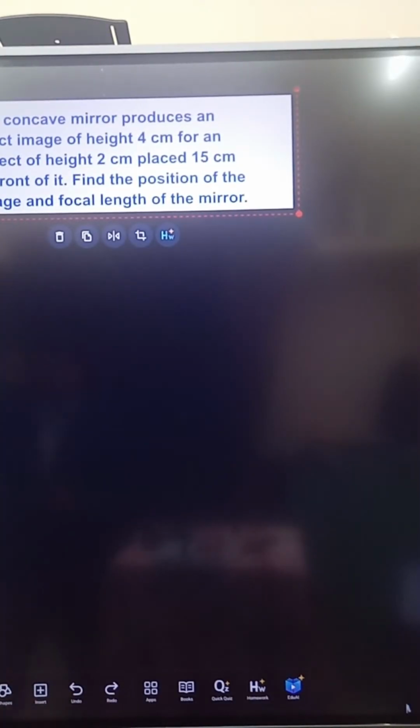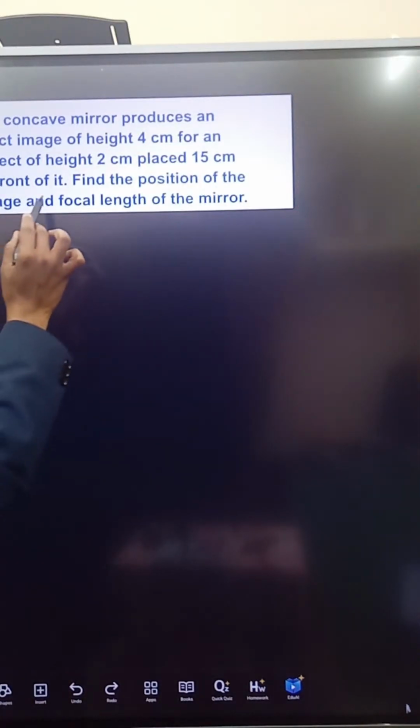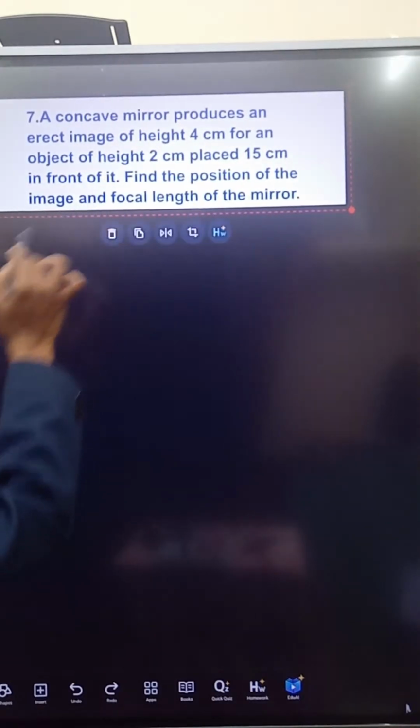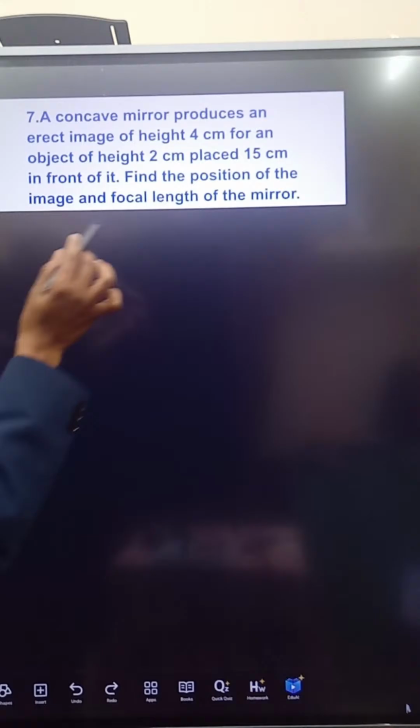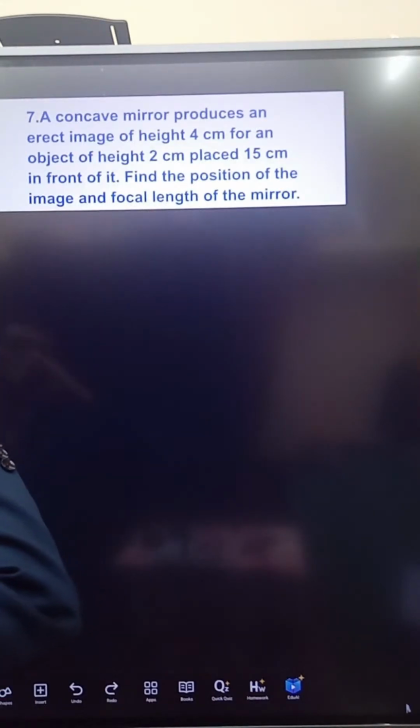See now, coming to this. A concave mirror is visible, I hope. A concave mirror produces an erect image of height 4 centimeter for an object of height 2 centimeter placed 15 centimeter in front of it.